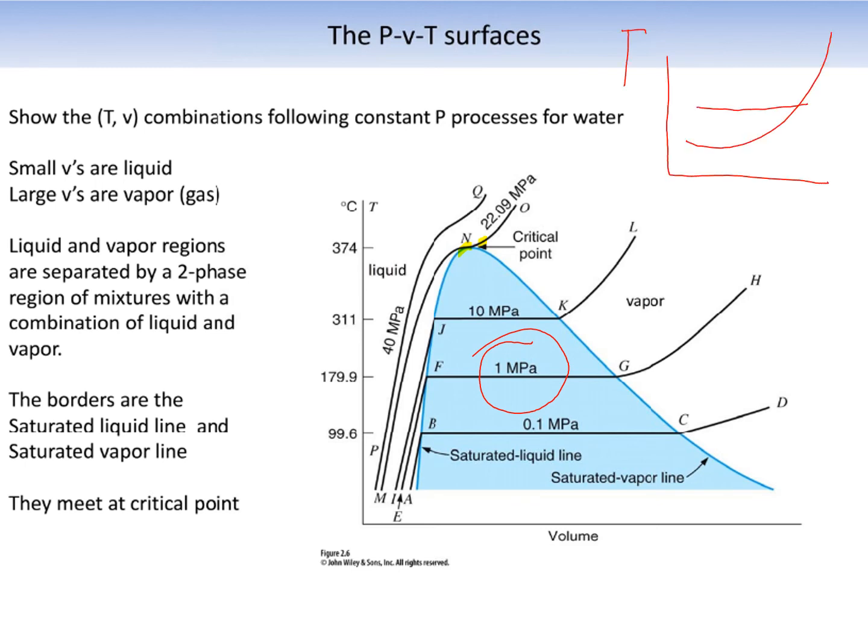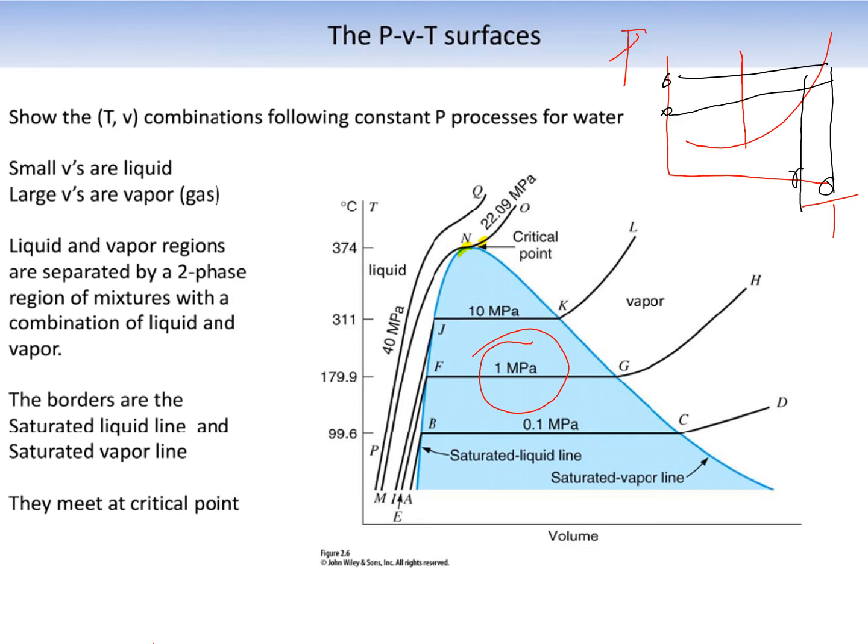This was the PT diagram we discussed in the last slide. So if we increase the pressure from this point to this point, the boiling temperature increases.